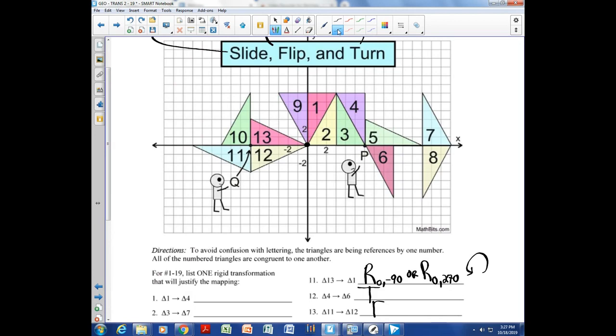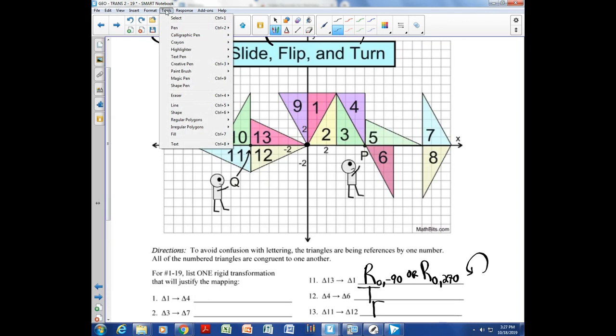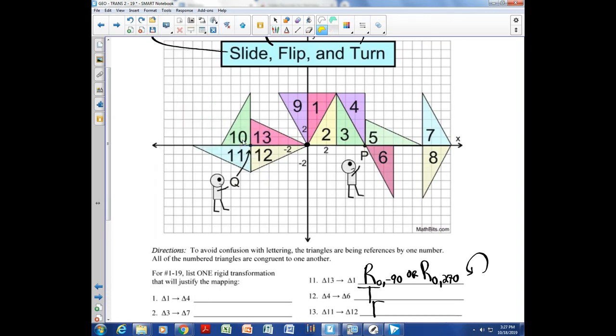Number 12, to move 4 onto 6. I know some people saw that as a rotation, but it's not. Just to illustrate that, I'm going to highlight triangle 4 and show you that all you need to do to get 4 onto 6 is drag it. If you can slide it right on top of 6, that's the definition of a translation. However, we need to know how it is moving.